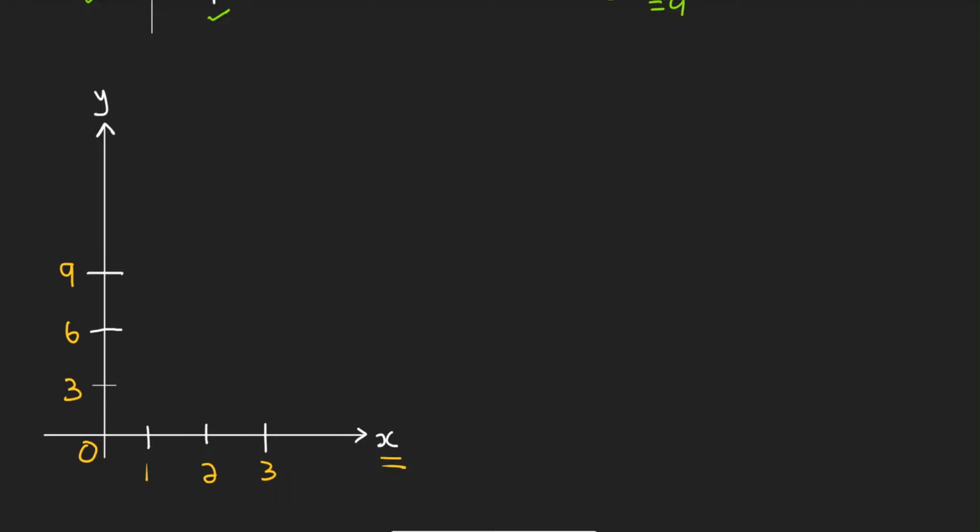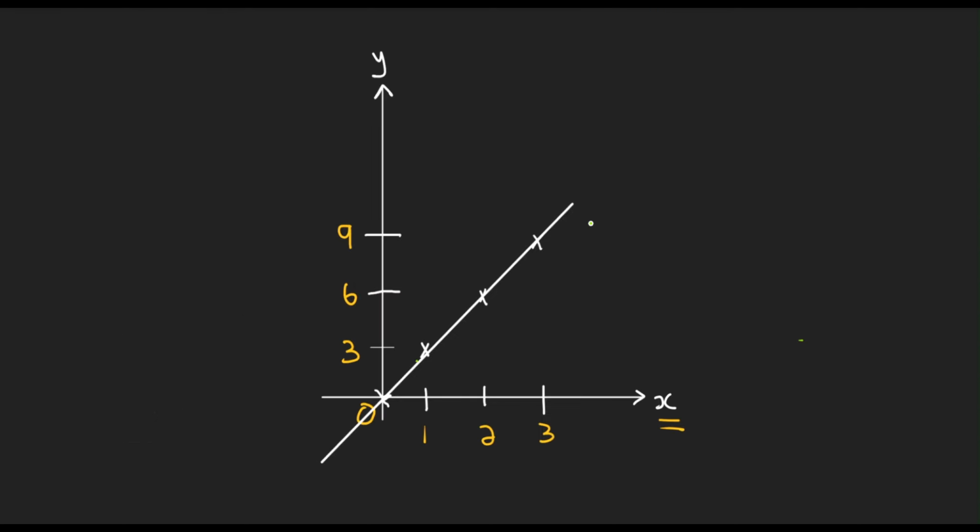So I can go ahead and plot. When 0 questions are answered correctly, I get 0. 1 question answered correctly, I get 3. 2 questions answered correctly, I get 6. And 3 questions answered correctly, I get 9. Basically we can draw a line connecting all this. From this line, which represents y equals 3x, we could put in the coordinates here.